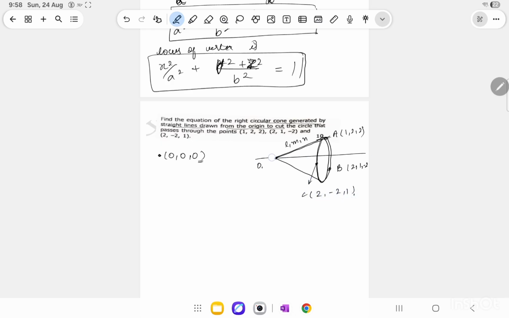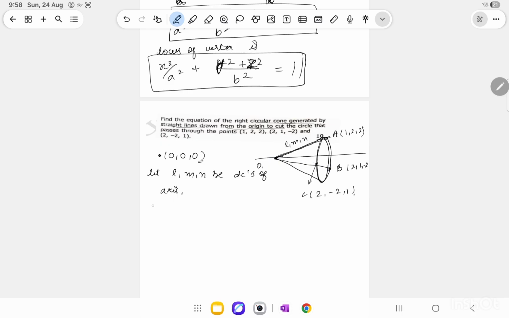And if this is the axis, let l, m, n be the DCs of my axis. Then the angles between OA and the axis, OB and the axis, and OC and the axis will all be the same.